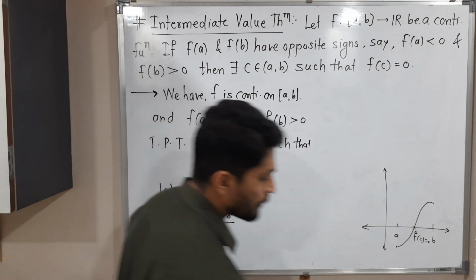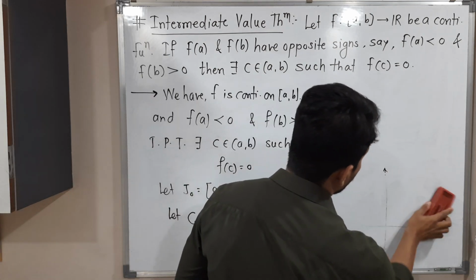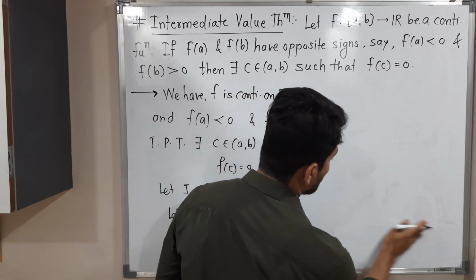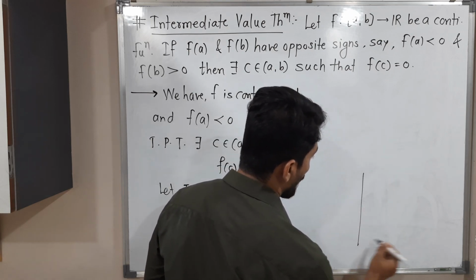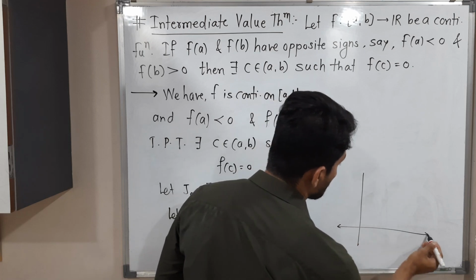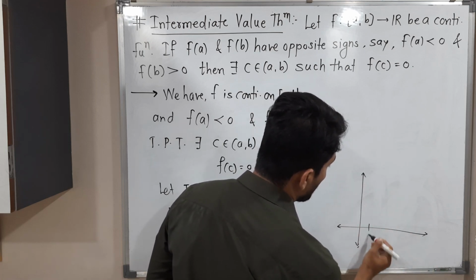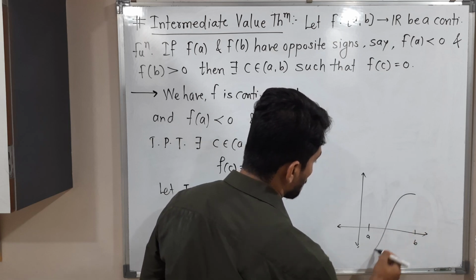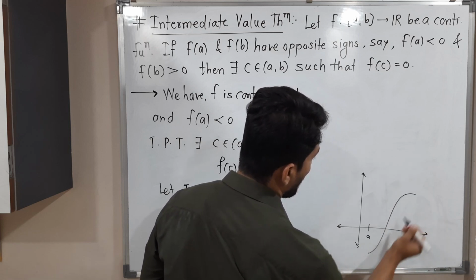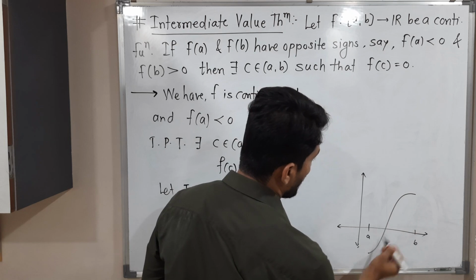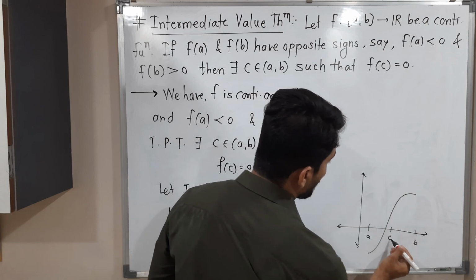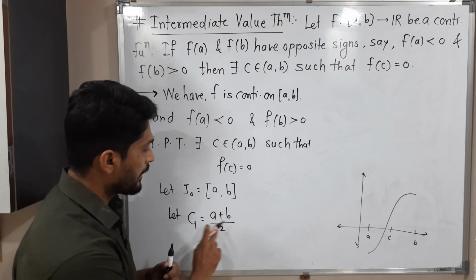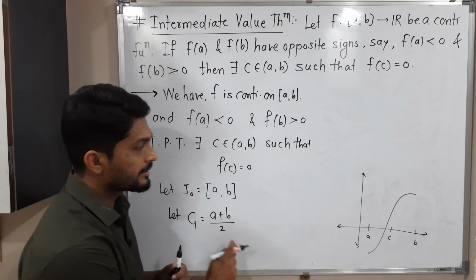Let me draw another diagram to show all these things. This is the y-axis, x-axis. We have the interval AB here, and we have a continuous function f from f of a to f of b. I am taking the midpoint of AB, a plus b by 2. So that is C1.